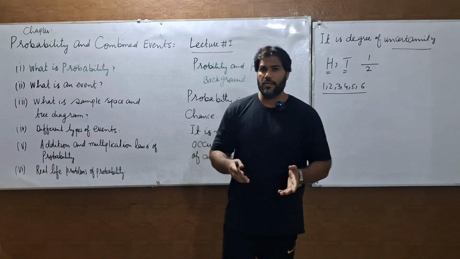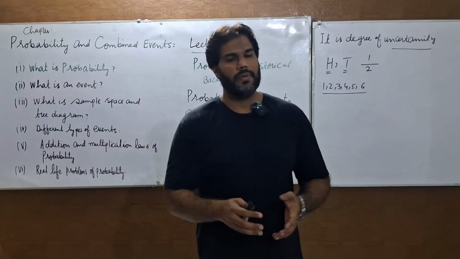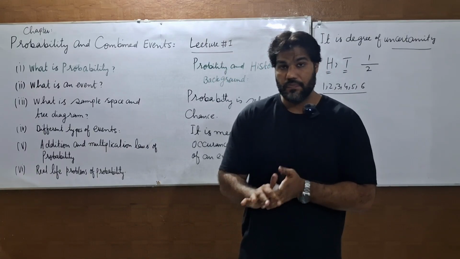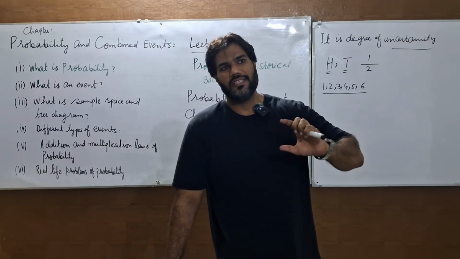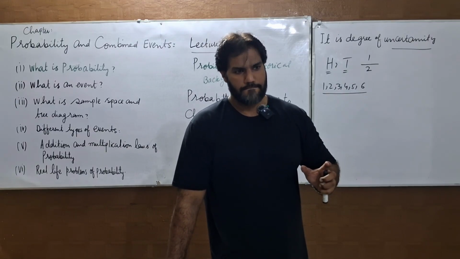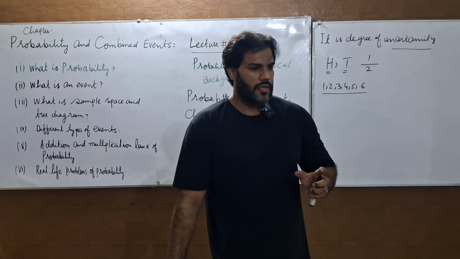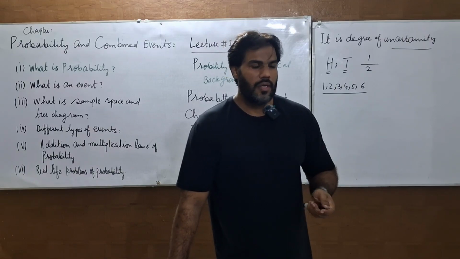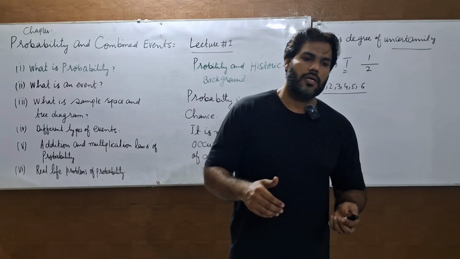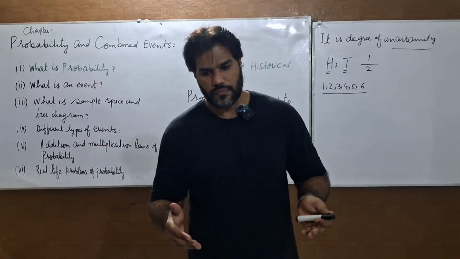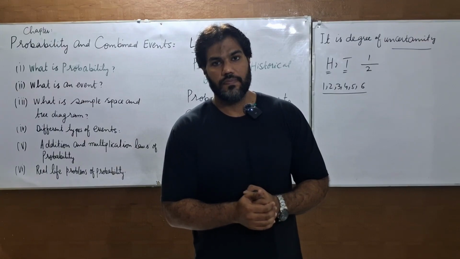Next, I am describing here some historical background of probability. The word probability was used in the 17th century, or even it was used in the time of Babylonian or Egyptian. They used the concept of probability in the concept of game of chances.